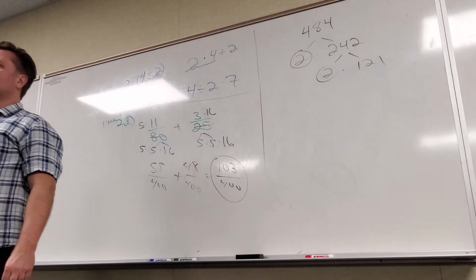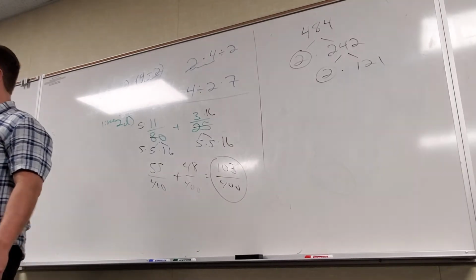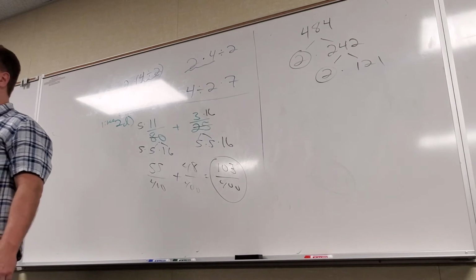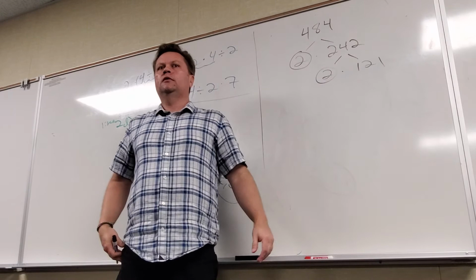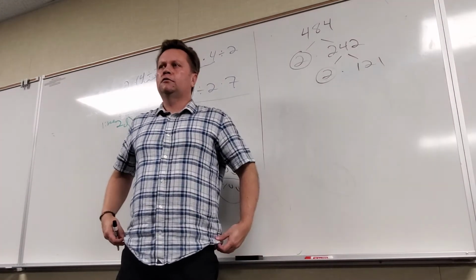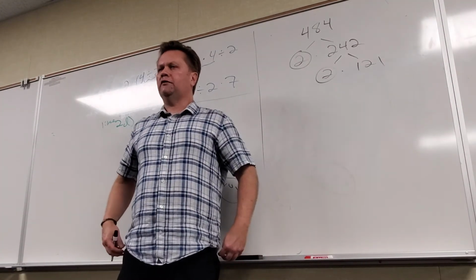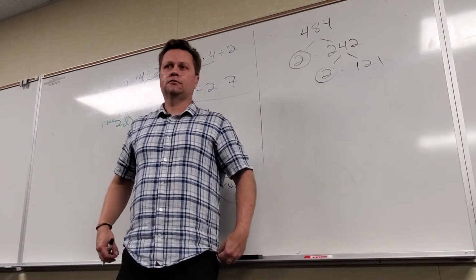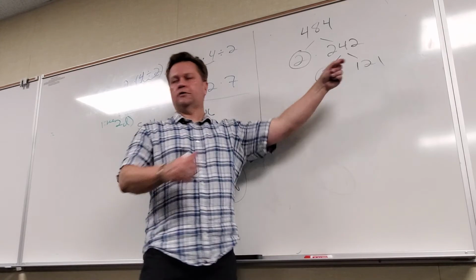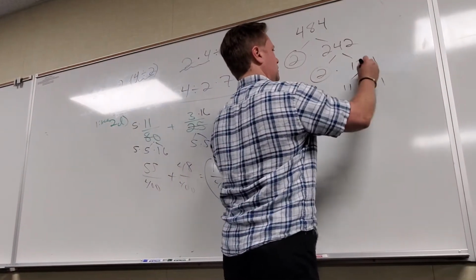I might have not shown you enough of that. The only ones that have rules like that are 3 and 9. What's the rule for 4? The last 2 have to be divisible by 4. Oh shit. What's 10 times 10? 100. What's 12 times 12? 144. What's 11 times 11? Yeah, so that's 11 times 11.